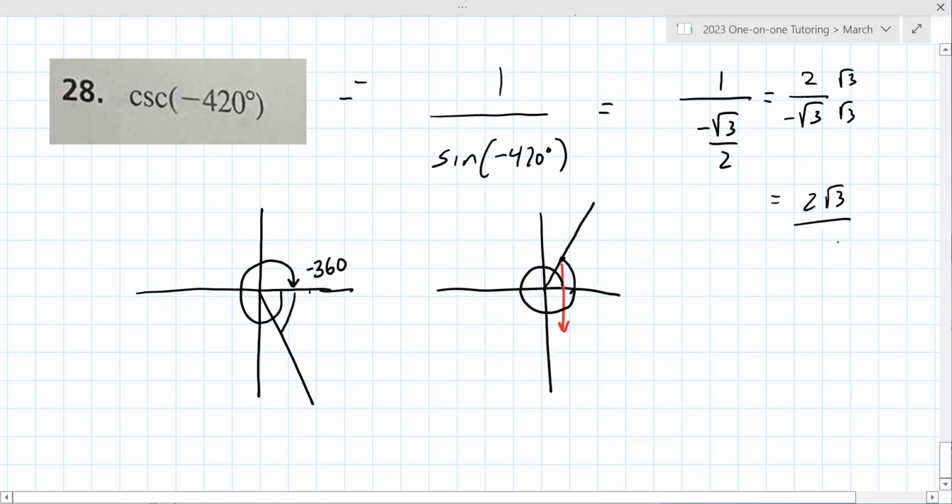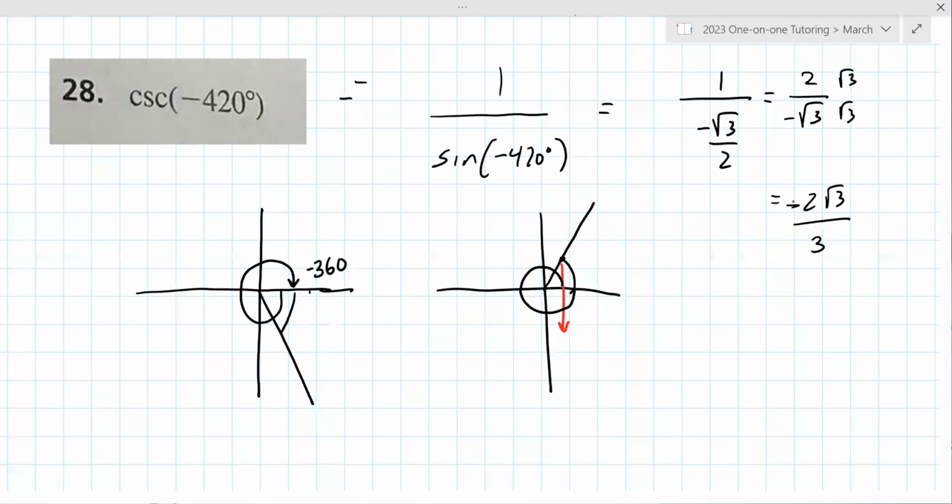And then you need to bring the negative up at some point. All right, so I think that's good.